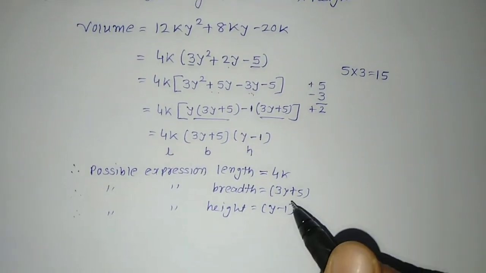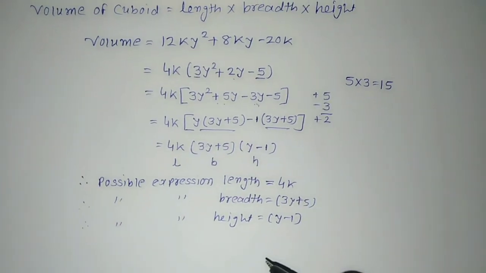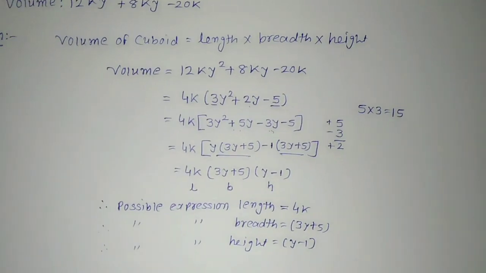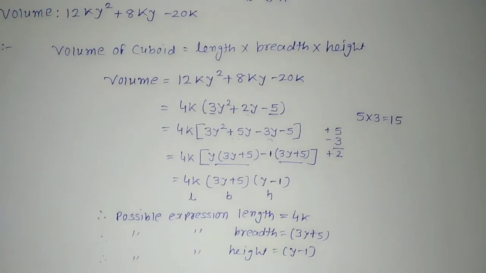Or you can assign them in any other order. So the possible expressions of length, breadth and height are 4k, 3y + 5 and y − 1.